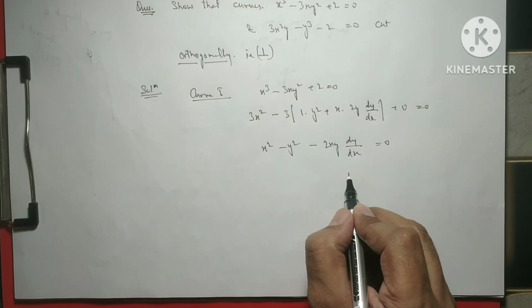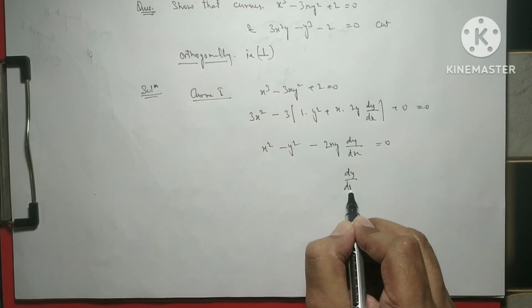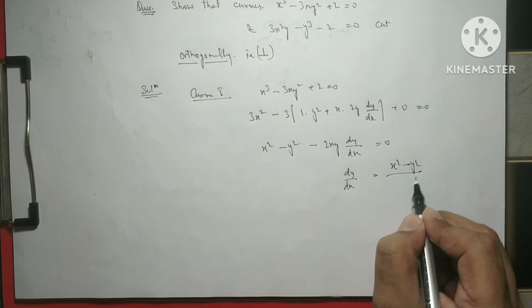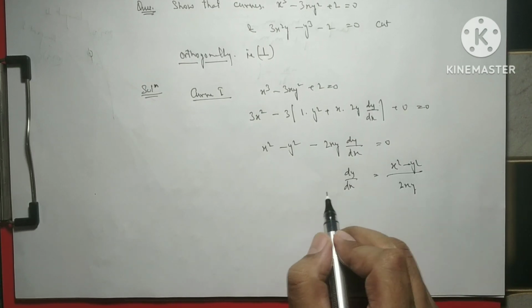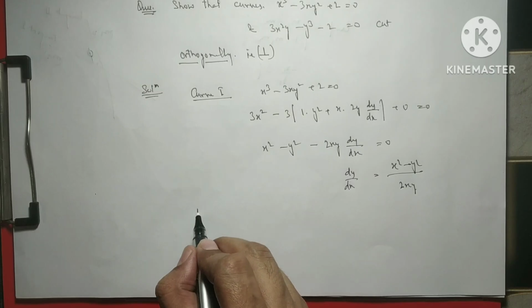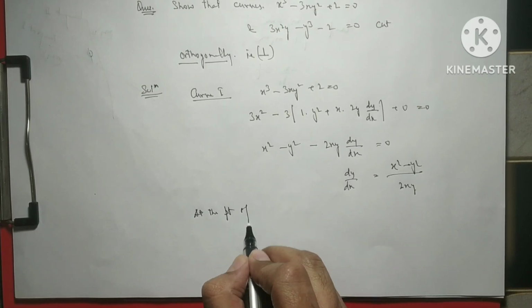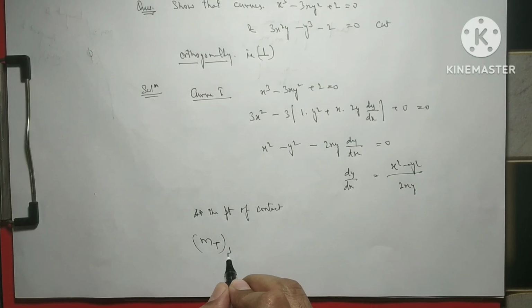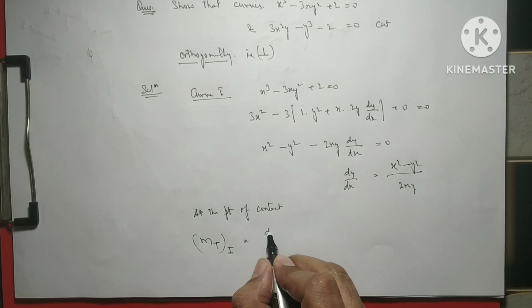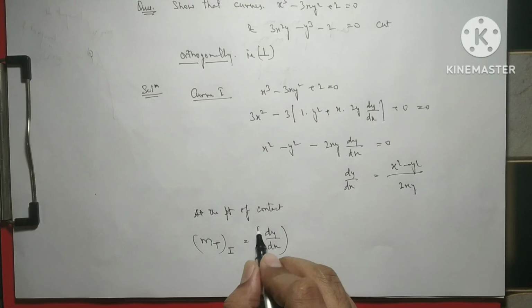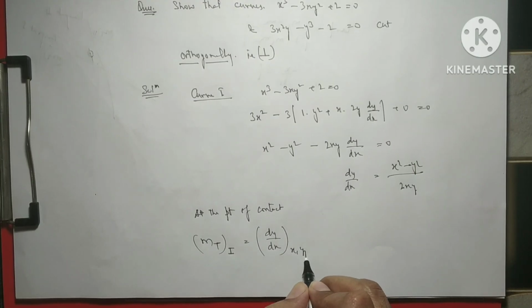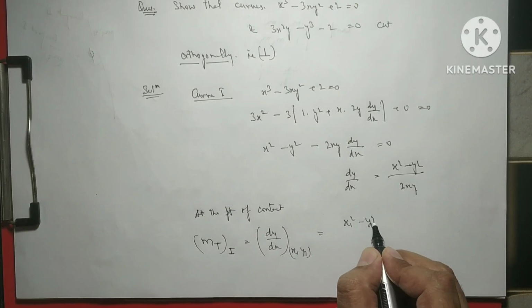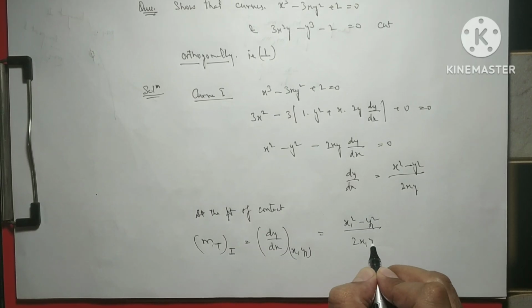So it means dy over dx equals to x square minus y square over 2xy, and at the point of contact, the slope m1 of the first tangent will be dy over dx at x1 y1 is x1 square minus y1 square over 2x1 y1.